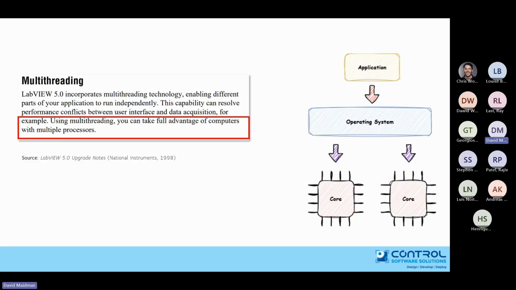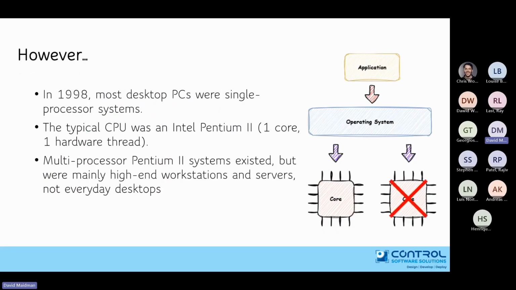So looking in the release notes again, so we've got this explanation of multi-threading, and this statement that using multi-threading, you can take full advantage of computers with multiple processors. Okay, so if we imagine this, our application, operating system, and then multiple processors in our system. Okay, however, in 1998, when this was released in LabVIEW, most desktops were single processor systems.